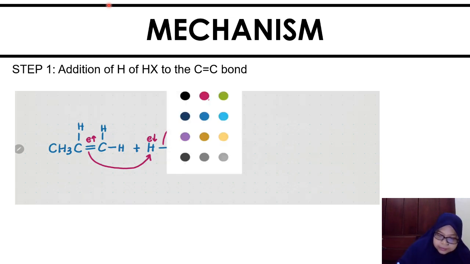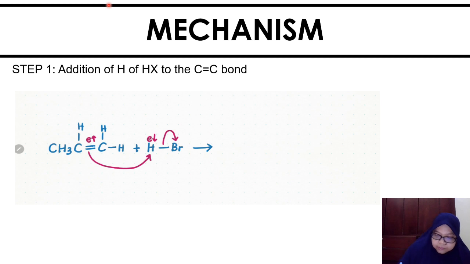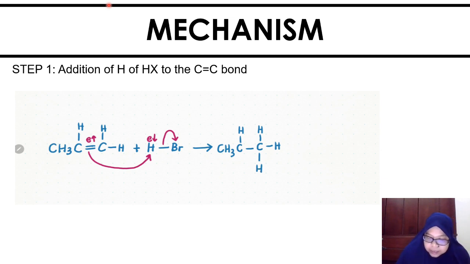And then following Markovnikov rule, the hydrogen is added to the carbon that has more hydrogen. So hydrogen of HBr will be added to the carbon on the right side, and then the carbon on the left side will be left as a carbocation. Carbocation plus our bromine will become Br minus because it receives electrons.